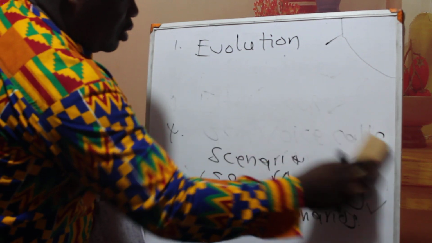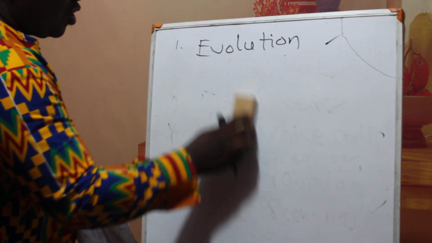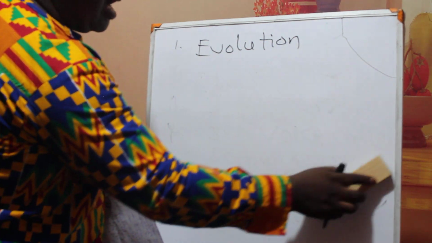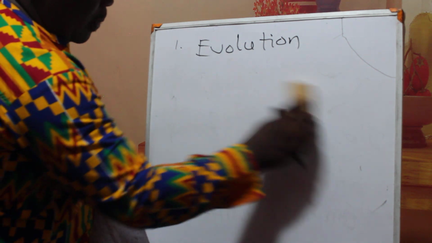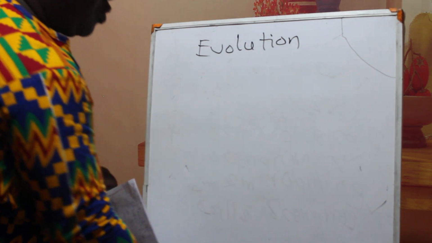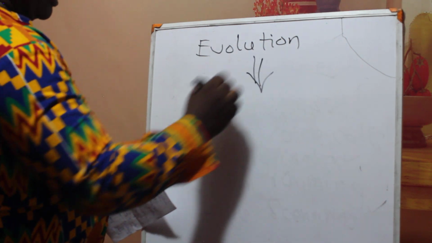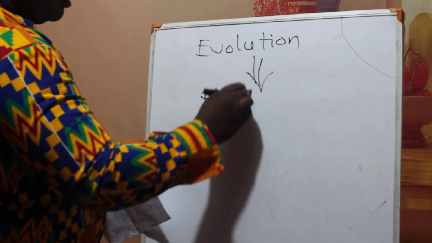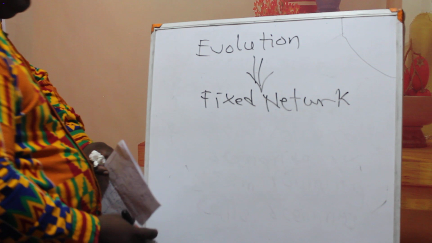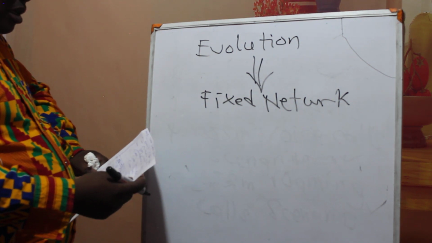So with the evolution, what we want to learn here is how GSM came about. So before GSM, what were we using? Now, before GSM, we had the fixed network, and how it worked.